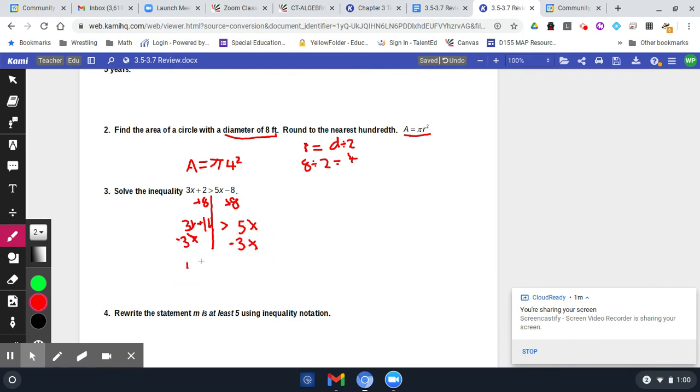You're going to be left with 10 is greater than 2x. And your last step will be to divide both sides by 2. And you get 5 is greater than x. So there you go. That's one of the harder ones probably on the test, multi-step inequality.